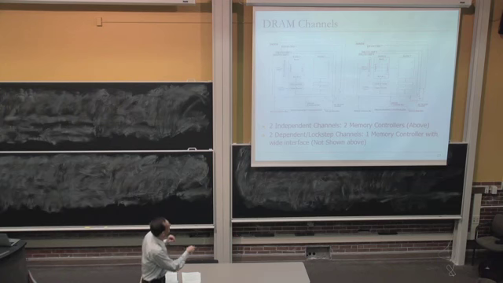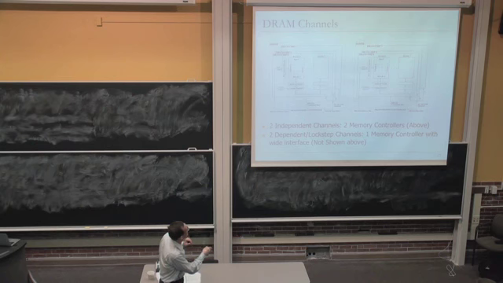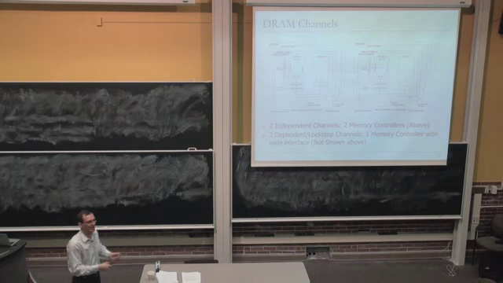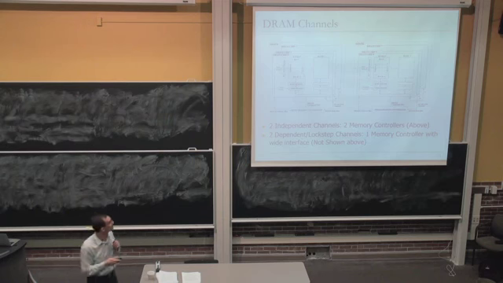You could have a single controller that controls a 64-bit channel here and another 64-bit channel here in lockstep. So when you ask for data, you get 128 bits, the top 64 bits coming from here, the bottom 64 bits coming from here. So you could think of widening your interface even more that way. Usually what's done is independent channels so that you can get different pieces of data and different memory accesses satisfied.